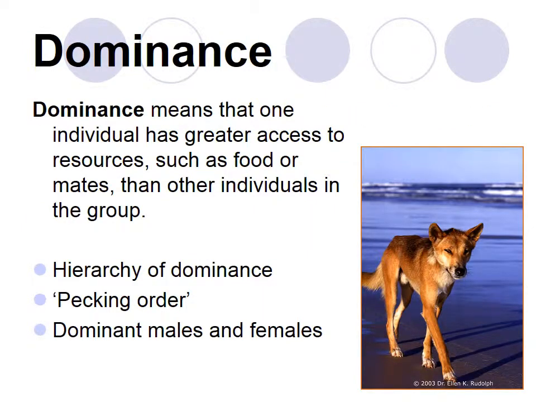So we're also looking here at dominance, which is one individual has a greater access to resources. So here we're looking at foods or mates than other individuals in the group. So here it's a hierarchy of dominance, a pecking order within that group of animals, and you've got dominant males and dominant females. So there you're looking at things like wolf packs, lion packs, those kinds of things. There is a hierarchy of dominance.